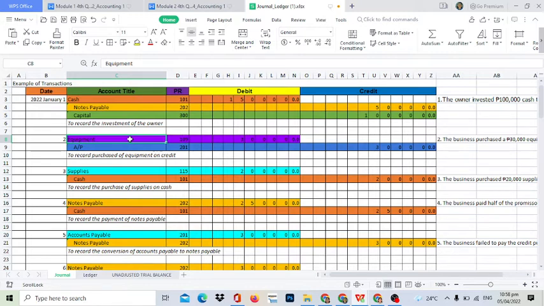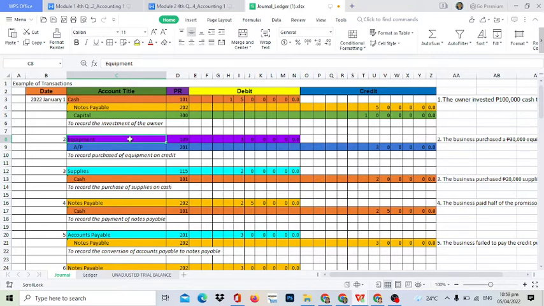And since this is a purchase on credit, the owner has a payable amount, which is accounts payable, 30,000 under credit. And then explain also the transaction. Okay, to record purchase of equipment on credit.